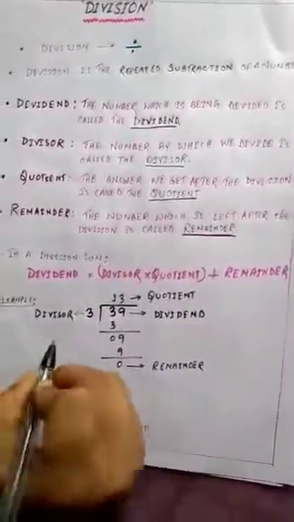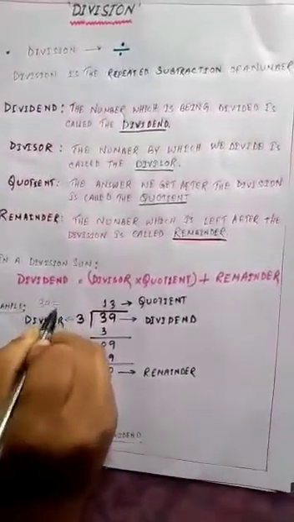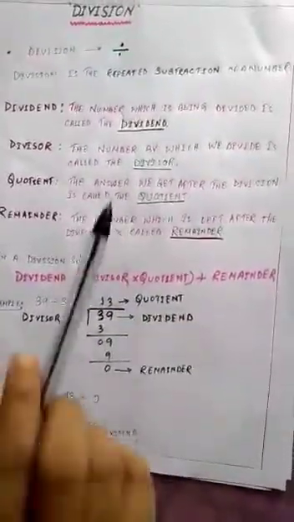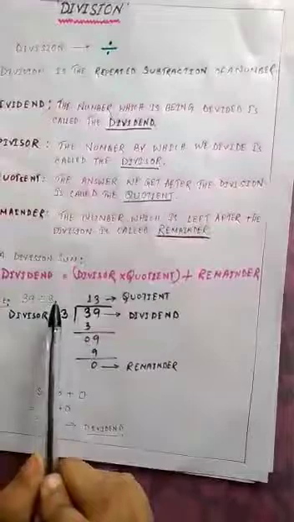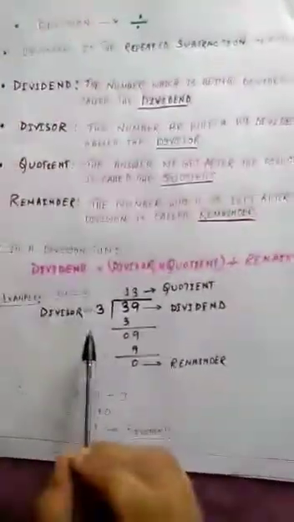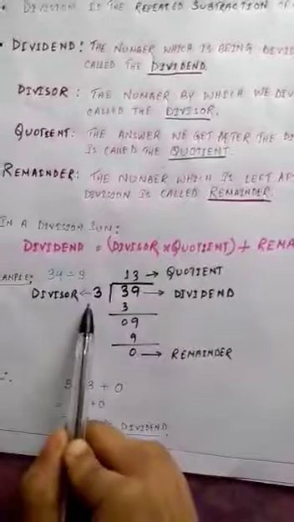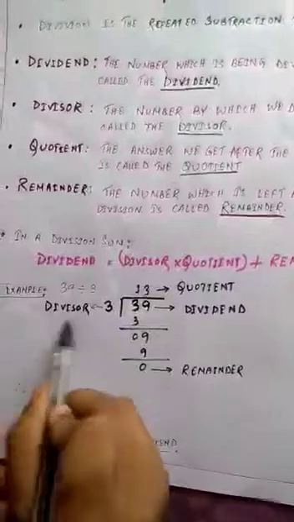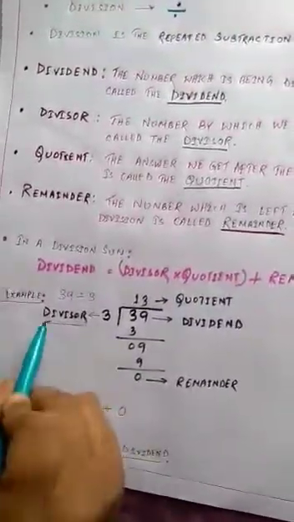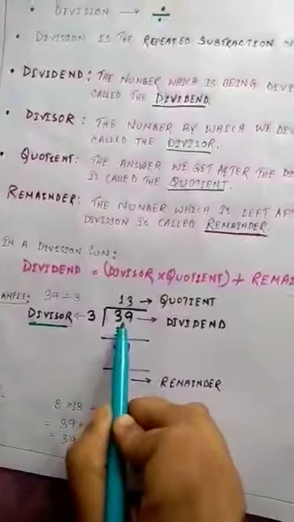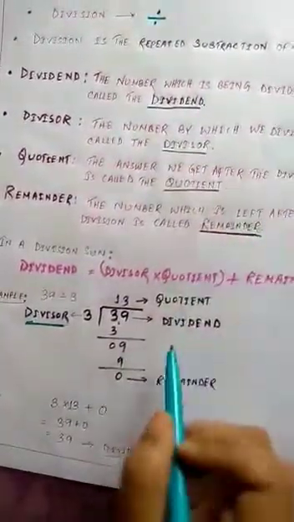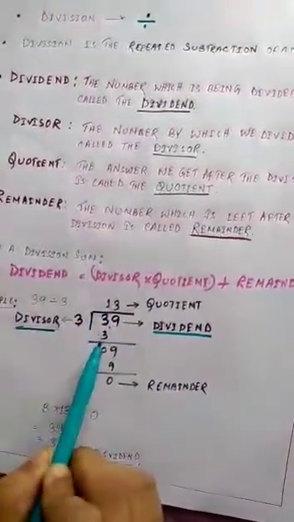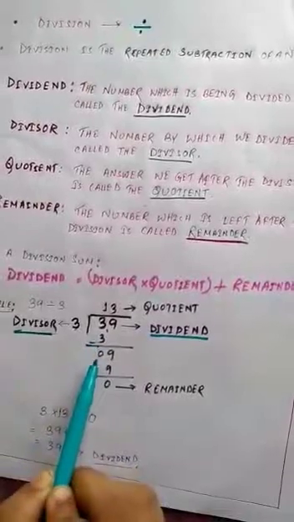The number by which we are dividing, 3, is called the divisor, and 39, the number which is being divided, is called the dividend. 3 ones are 3, so 3 minus 3 is 0.